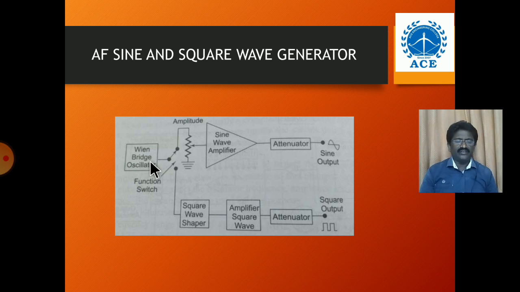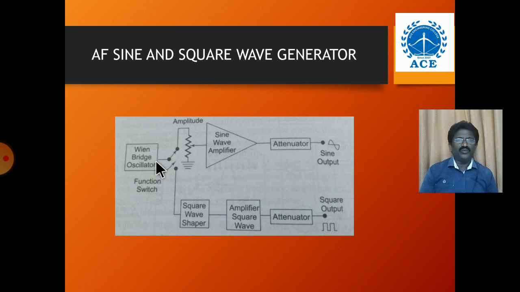The Wien bridge oscillator is the best for the audio frequency range. Here the signal generator is called the oscillator, and a Wien bridge oscillator is used as the signal generator. With its help, we can generate a sine wave.